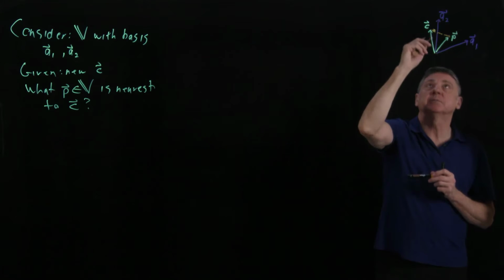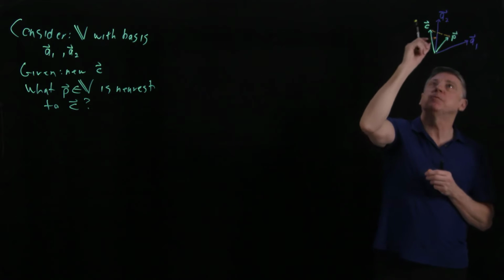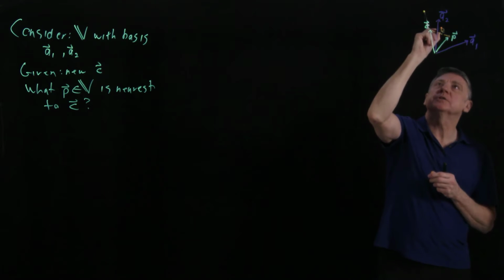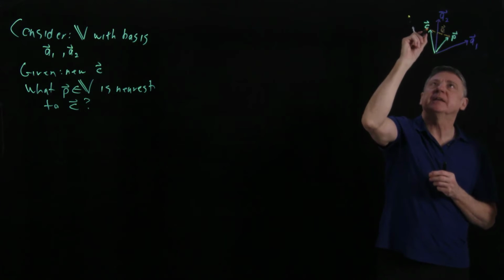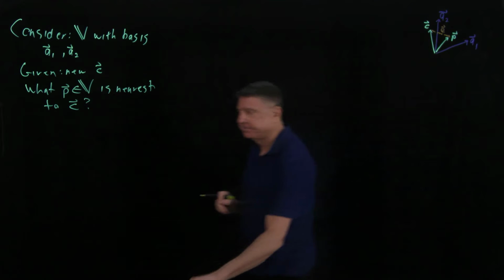So P is some linear combination of A1 and A2. And as before, we'll construct an error vector that is the difference between this given vector C and our desired vector P.